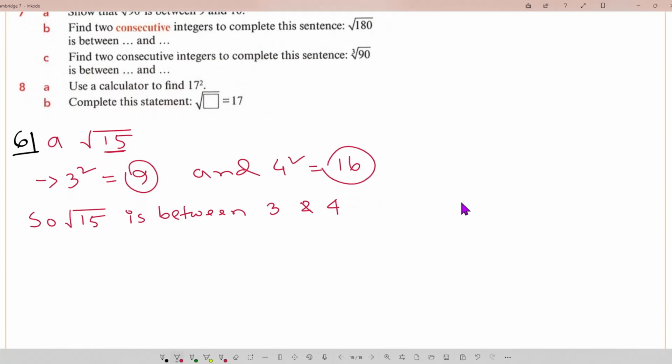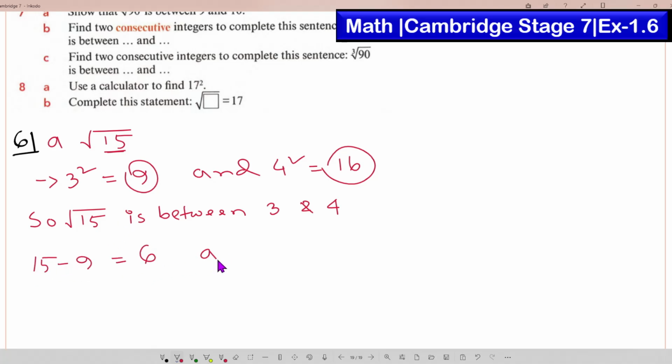Now look, 15 minus 9 equals 6 and 16 minus 15, because 15 is smaller than 16, equals 1. So which is the closest? Root 15 is closer to 4.